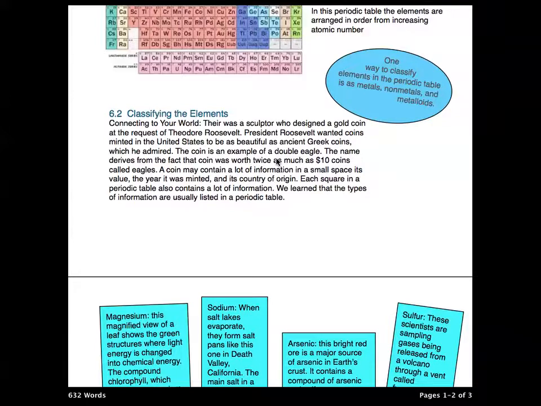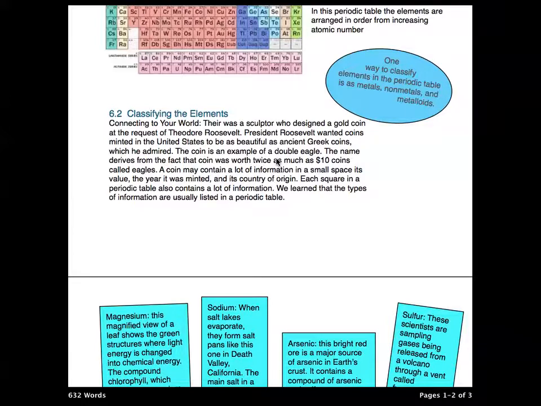A coin may contain a lot of information in a small piece: its value, the year it was minted, and its country of origin. Each square in a periodic table also contains a lot of information. We learned the types of information that are usually listed in a periodic table. So just like the coin, each square contains a ton of information in this little square.